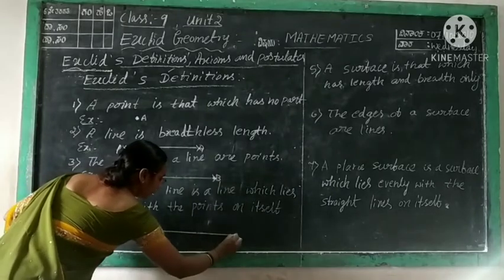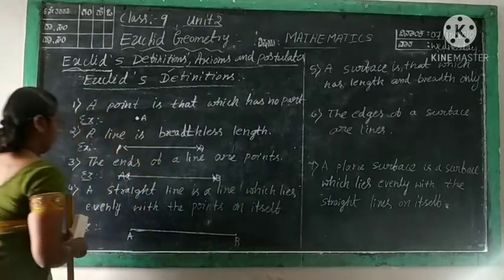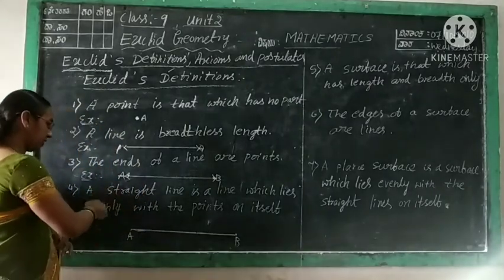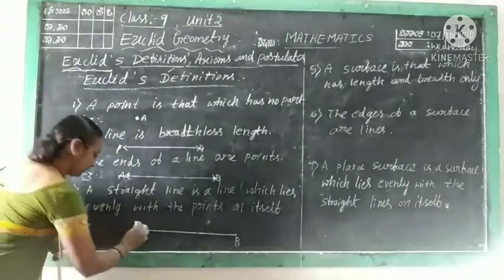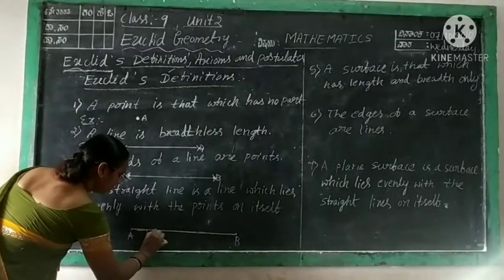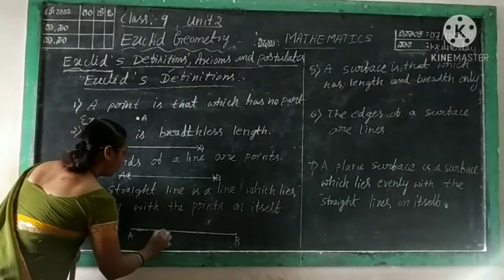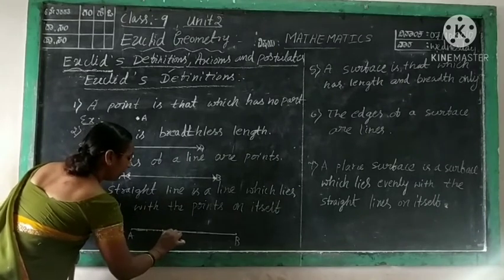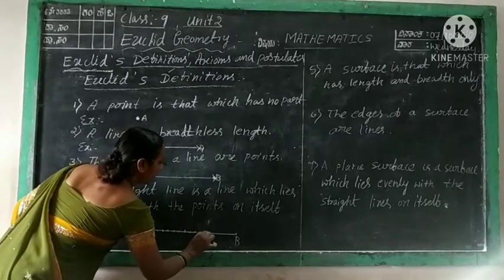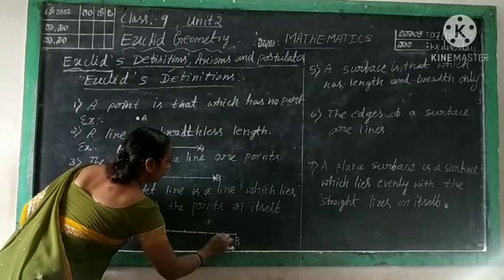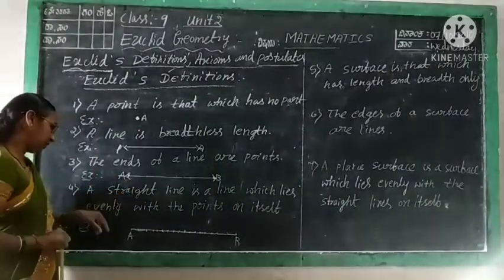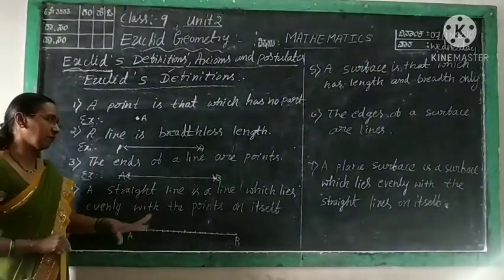A line having many points is the meaning of the fourth definition.